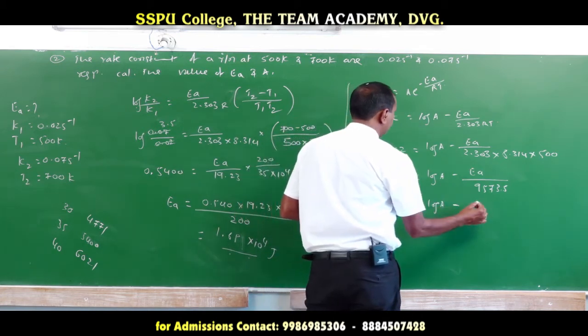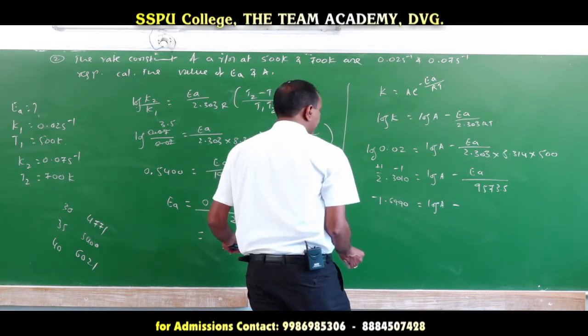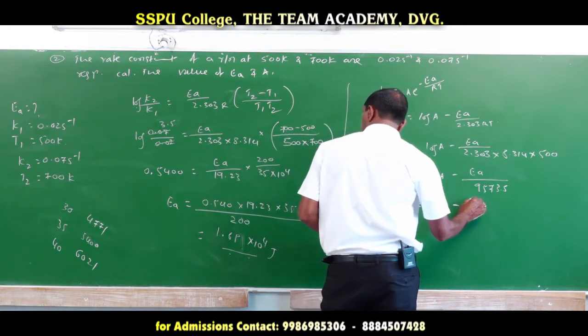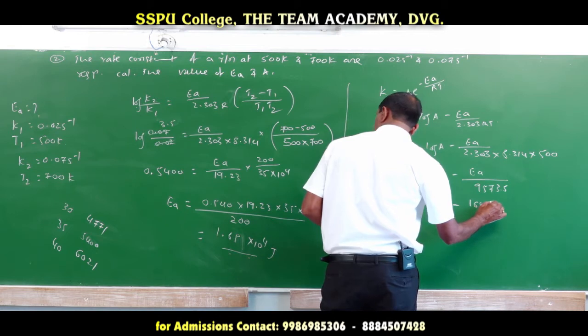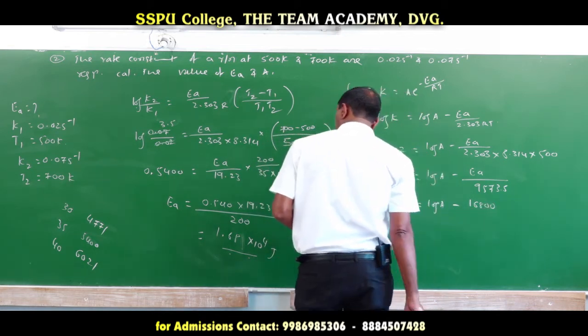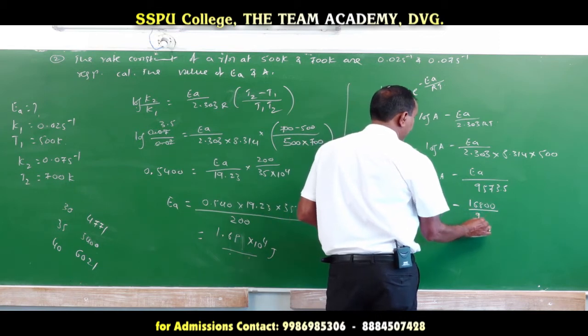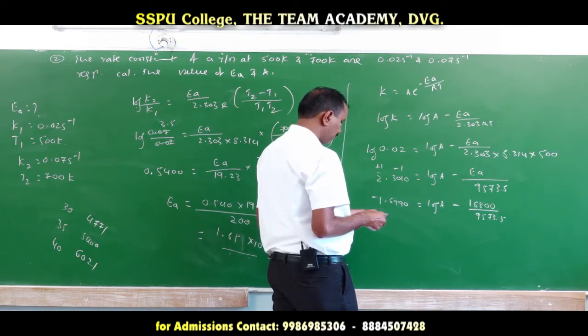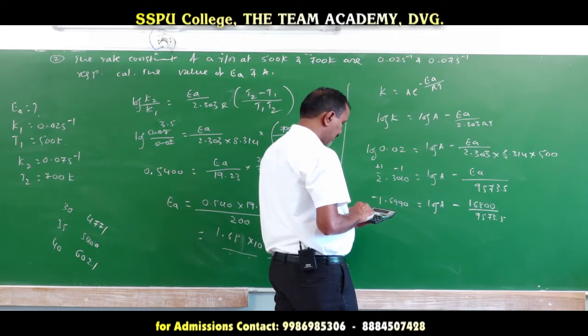Log A minus the value of E_A, the E_A value is 1.68 into 10 to the power of 4, which is nothing but 16800, divided by 9573.5.